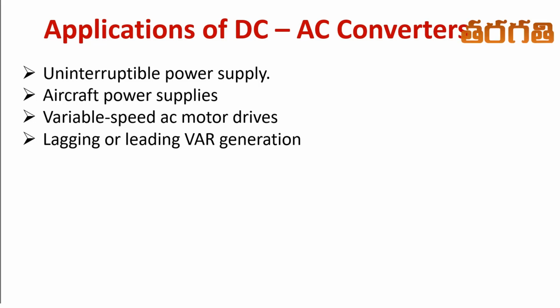The main and the principal application of these DC to AC converters is to supply real and reactive power to a power system. These AC to DC to AC converters are used.